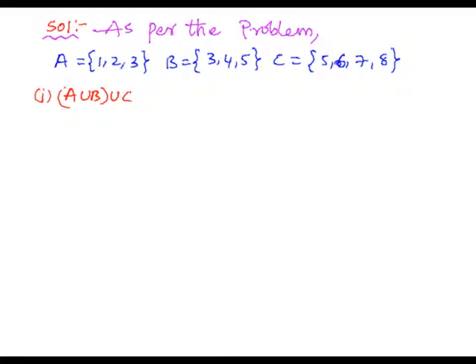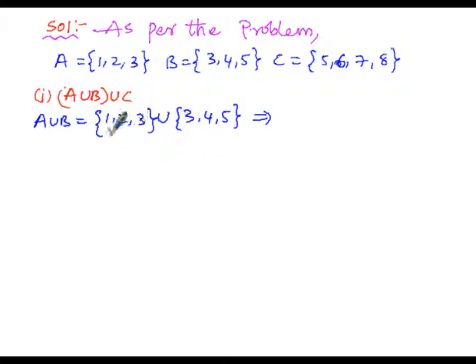In this case, first of all let us find out the bracket, that is A union B, separately. So here A union B equals set A consisting of the elements 1, 2, 3, union set B elements 3, 4, 5. We have to find the union of these two sets, so we have to write the elements of set A or set B or both.